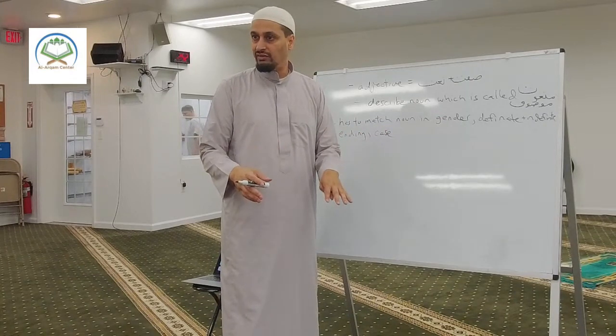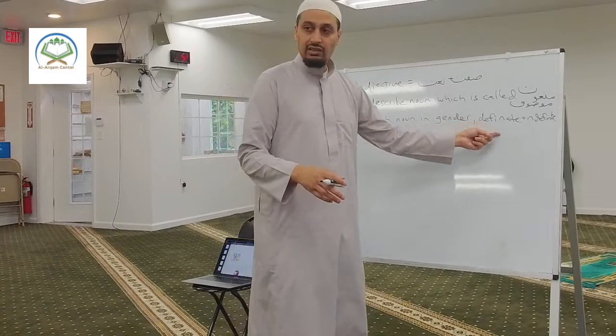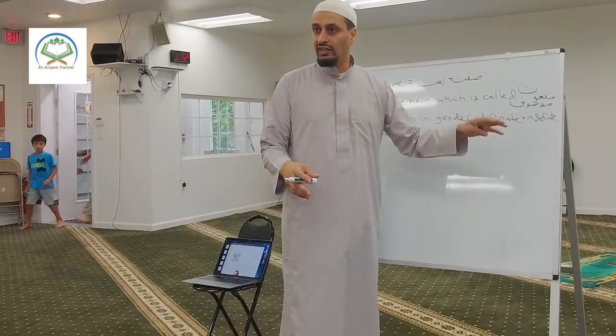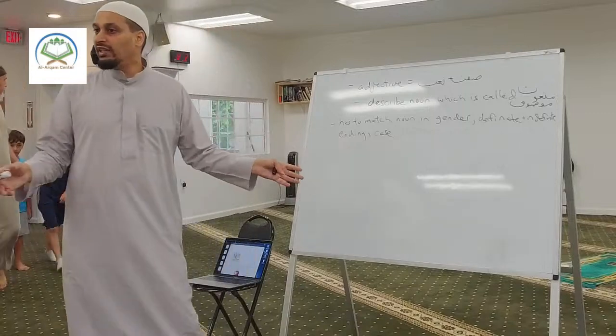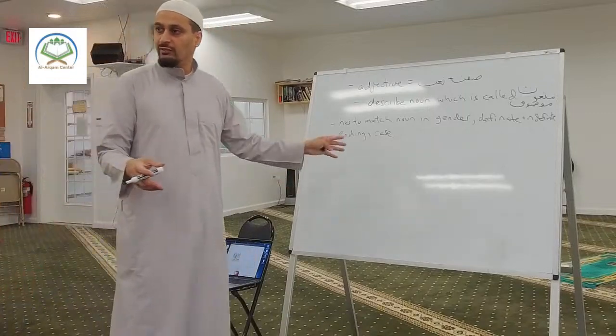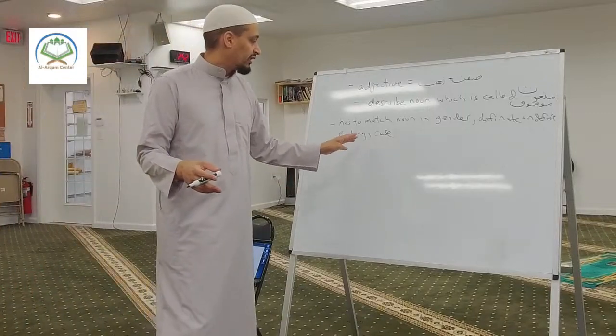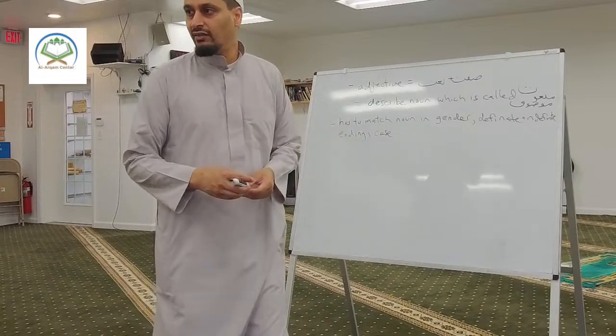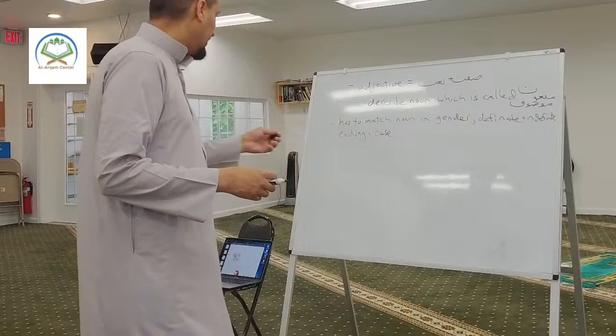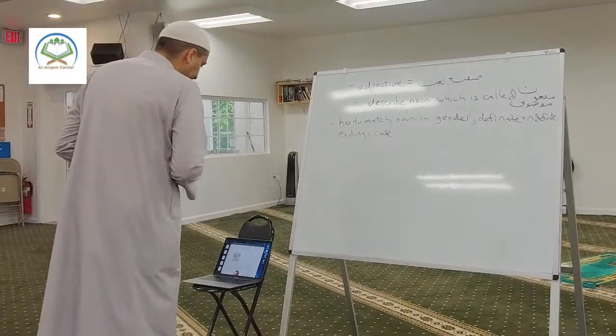Female, female. Okay? If it's definite or indefinite. Ending, tanween, for example. So if there's a tanween on the noun, then there's going to be a tanween on the sifa or na'at. And case. So, baytun jadidun. So all of these examples are going to be coming.